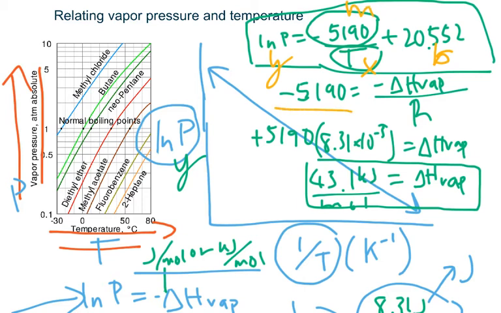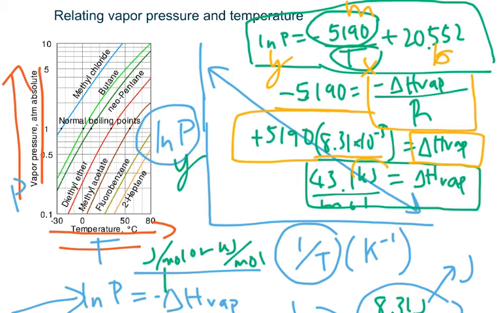So our m is negative 5190, and this is equal to negative delta H vap over R. Now, we simply have to multiply both sides by R and by negative 1, and we get that positive 5190 times 8.31 times 10 to the negative 3 is equal to the delta H of vaporization. Doing the math, we get that the delta H of vaporization is 43.1 kilojoules per mole.